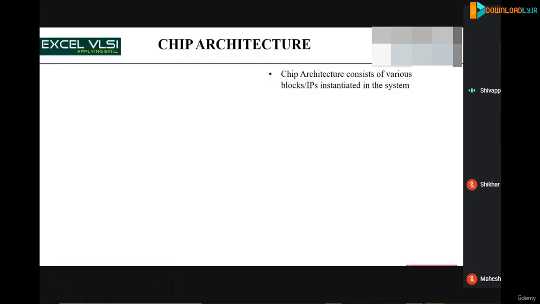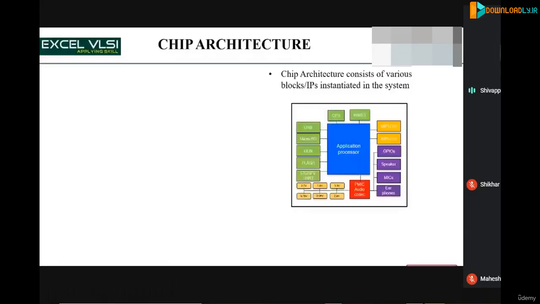This particular ASIC has an application processor, a display interface, a Wi-Fi or Bluetooth interface, GPS, USB, and a micro SD card interface. In your mobile, you also have the audio interface, mic, and speakers.